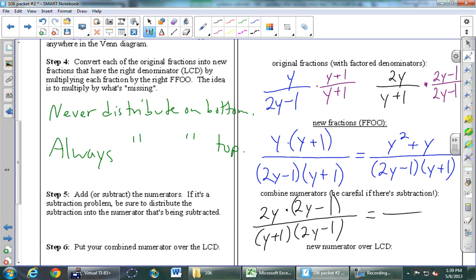Okay, so we said downstairs we're never distributing. We'll just copy that. But upstairs we have to. 2y on the outside comes in and hits both terms. What do we get first? 4y squared minus 2y. Good.